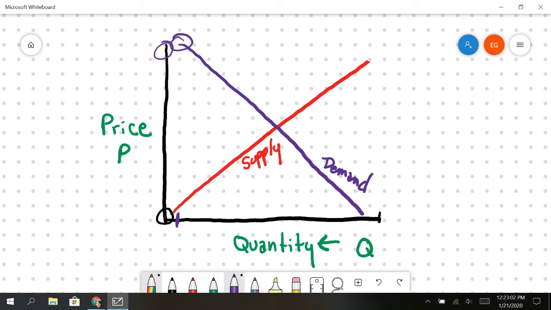But as time has gone on, more iPhones have been made, as you can see with the supply line going up. And there are more competitors, there are more options on the market, so demand has gone down for an iPhone. Now, that doesn't mean demand isn't high, it just means since 2007, it has generally gone down.